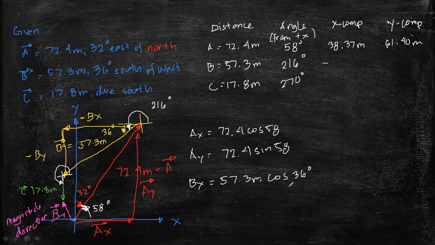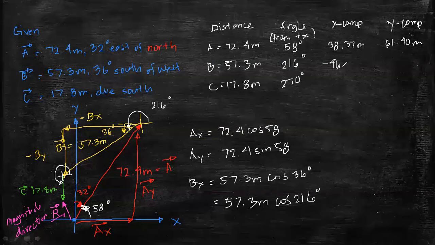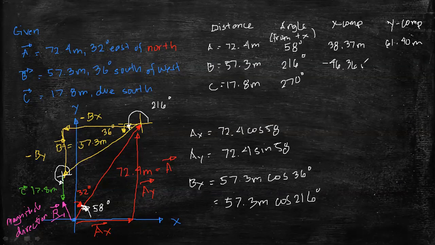So instead of using angle 36 degrees, we can use 57.3 meter times cosine 216 degrees to give us directly a negative value of Bx, which means it will give us the value negative 46.36 meter.